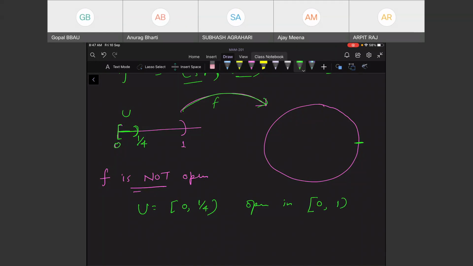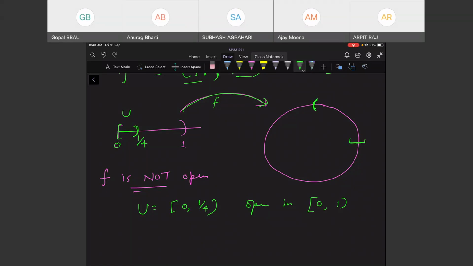Okay. So what is 1/4? Cos 2π times 1/4, so cos π/2, sin π/2. So this will be this point. Here we will take closed, here we will take open.